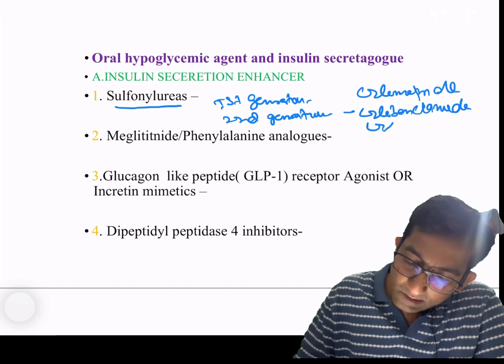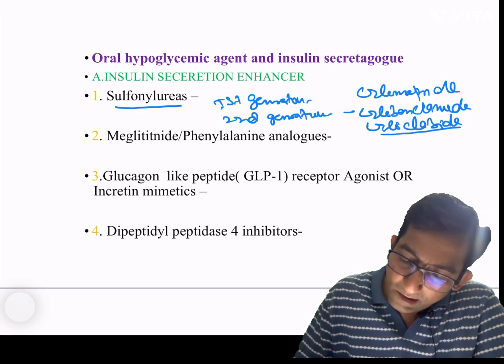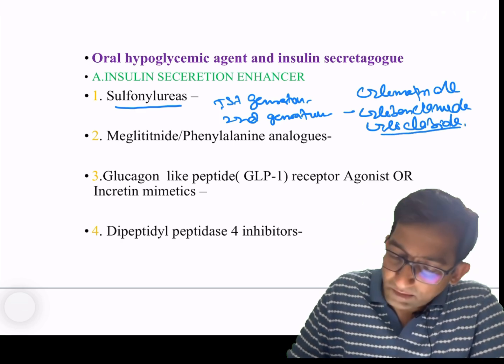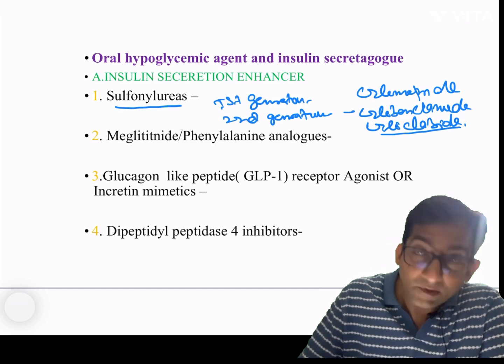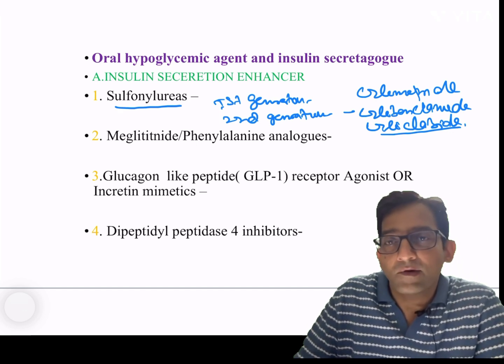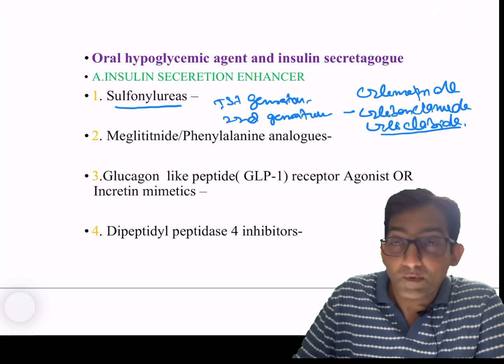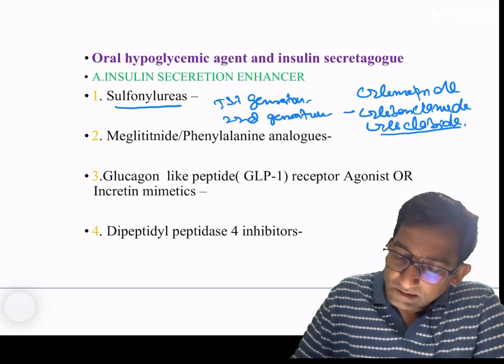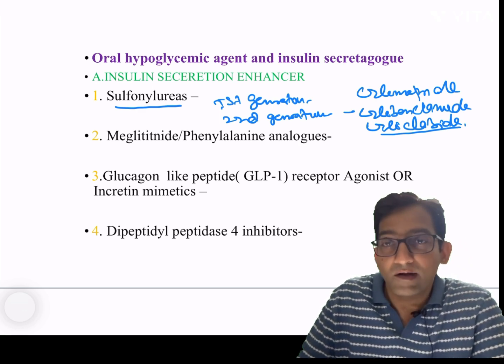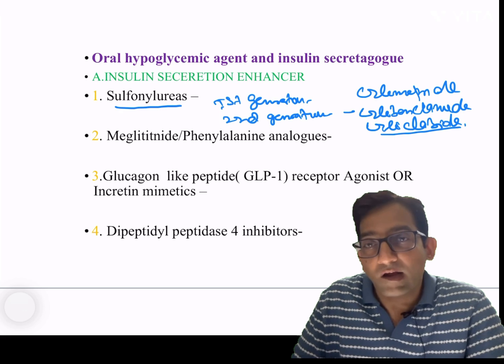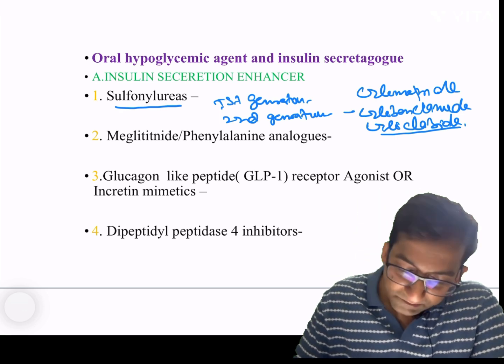Next one, gliclazide, and this gliclazide has an additional antiplatelet property. So, these are all examples of second generation sulfonylurea oral hypoglycemic agents, and these drugs are nowadays widely used in case of type 2 diabetes mellitus.